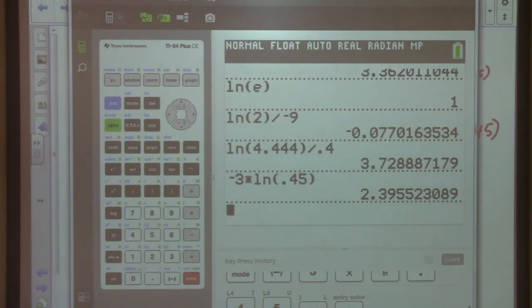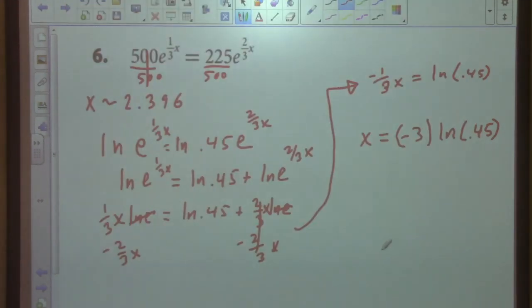Okay, very good. 2.396. Okay, did you see what I did here? Instead of dividing by 1/3, did you see what I did there? I multiplied by negative 3.